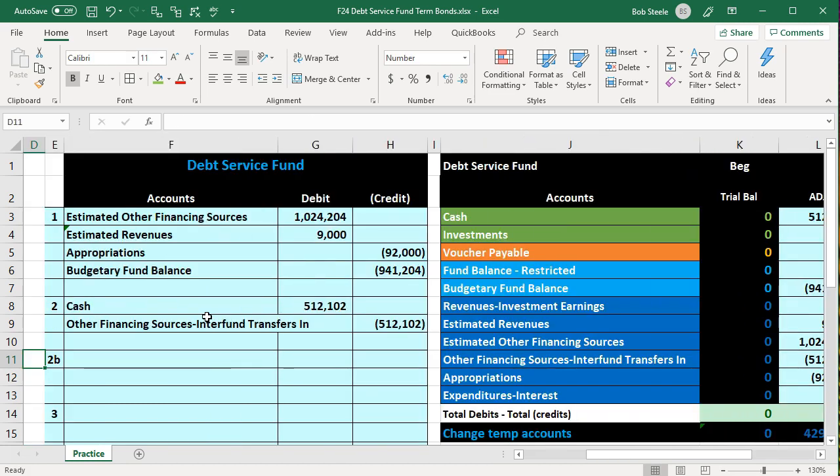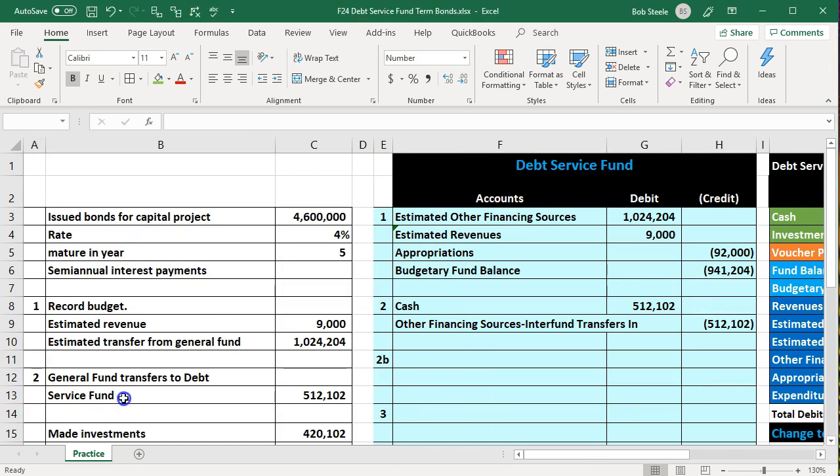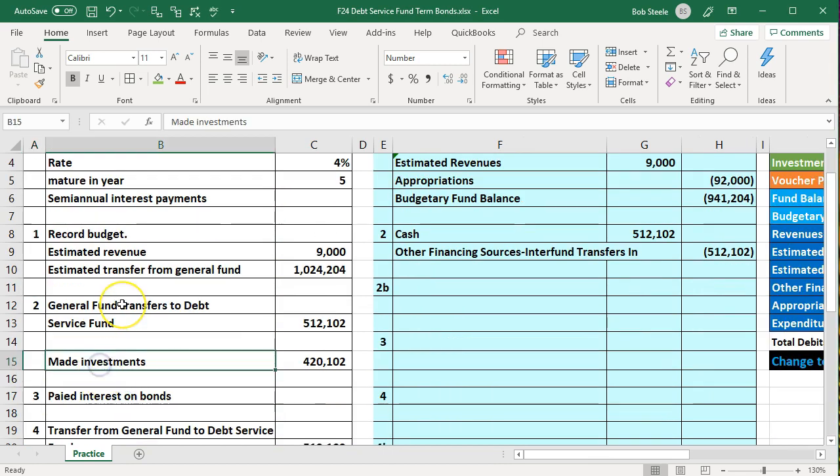Okay, so let's take a look at the next transaction. We then say that we had made an investment. So we took this money and we made an investment with it. So we're going to invest it in a short-term investment, gaining some interest on it until we use it to finance the debt. So we're going to invest this amount into something you could think of like stocks and bonds or something like that. So then we're going to say we make an investment.